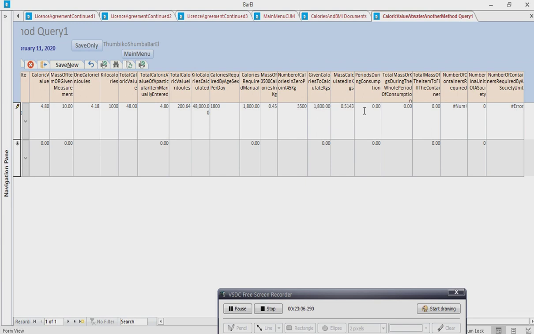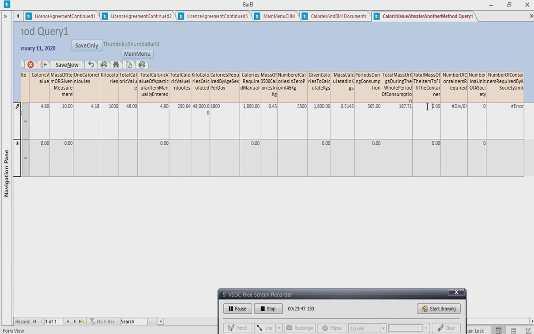Therefore, in kgs, 1800 calories is 0.51 per period of consumption, let's say 365 days, so it's the whole year. So the total mass for an individual aged 11 years needs 187 kgs.